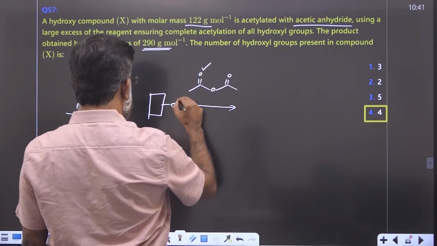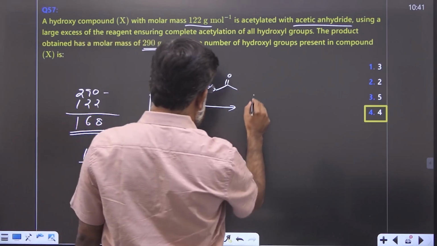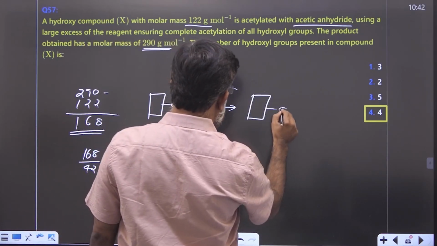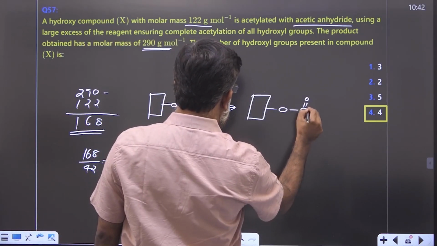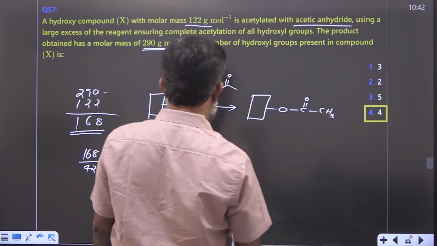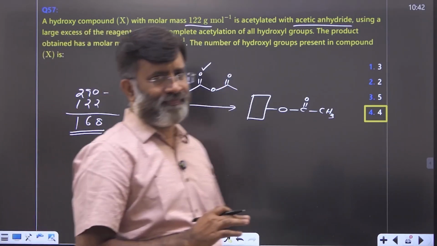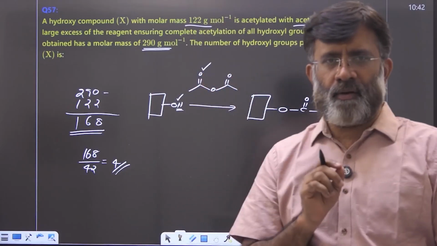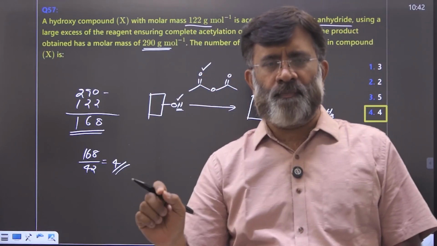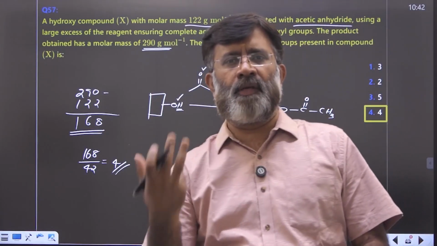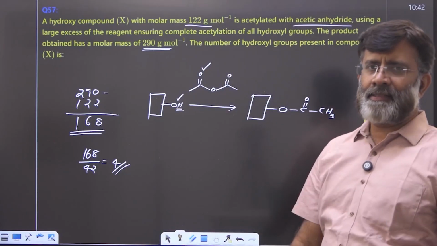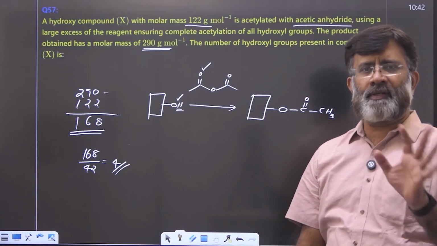This acid group and the alcohol undergo esterification, and the product obtained will be OCOCH3. So the hydrogen from the alcohol group is out and the CH3CO group is in. That is the acylation product.